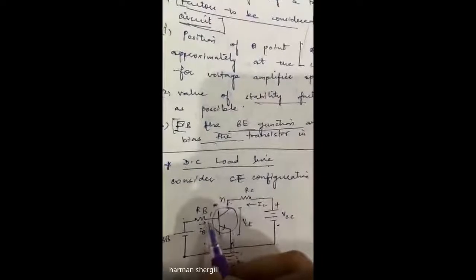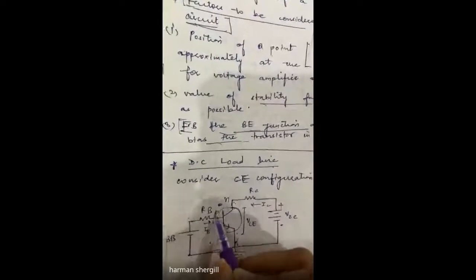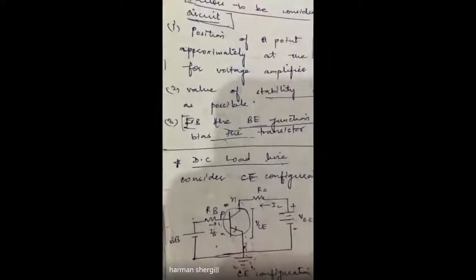Input is the base. If I want to use this transistor for the purpose of amplification, then this junction should be forward biased and this junction should be reverse biased. As it is an NPN transistor, P is the base. So this junction should be forward biased and this should be reverse biased.